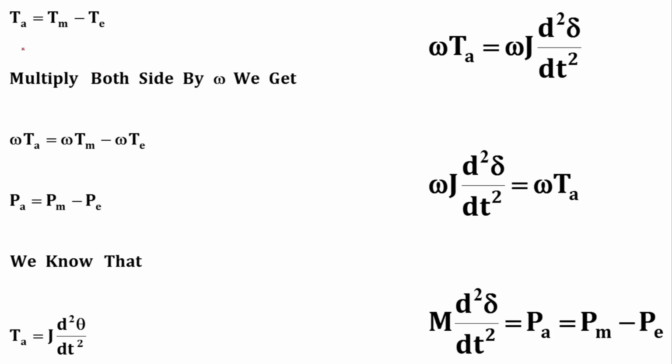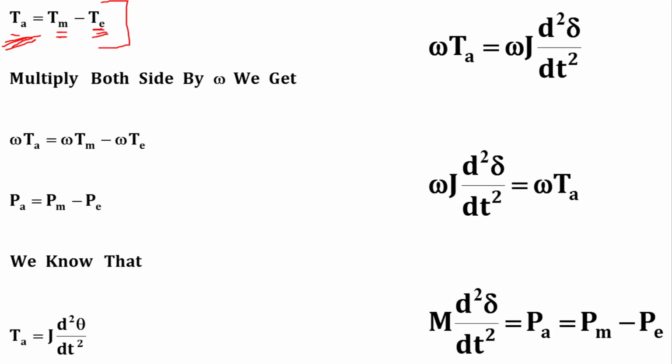So now if I want to find the accelerating torque, the basic fundamental is that it is equal to the difference between the mechanical torque and the electrical torque, clear. Acceleration of a synchronous machine will depend on 2 types of torque.